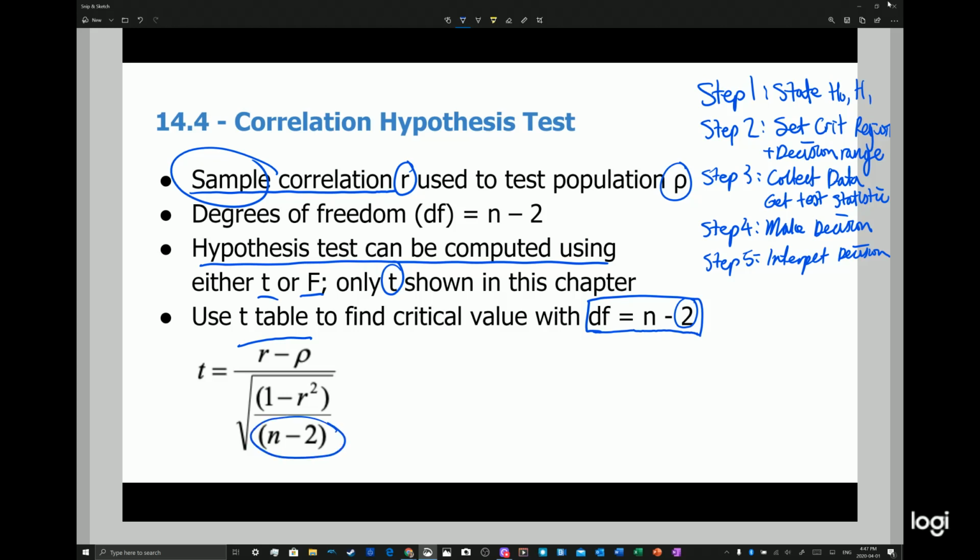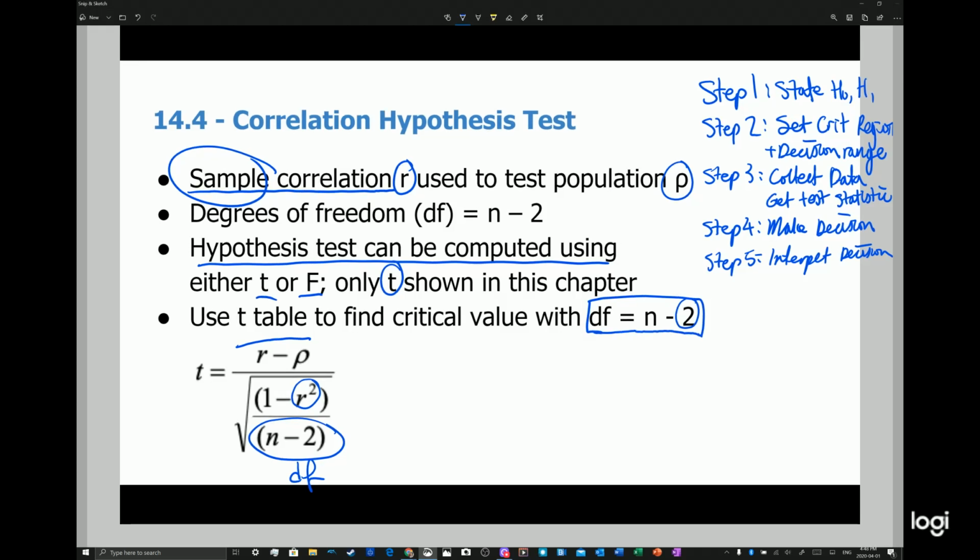This is your degrees of freedom. This is your 1 minus coefficient of determination. And you square root that to measure in quote-unquote standard deviations or standard error how far your sample correlation is away from your test population coefficient, which for the null hypothesis, assuming that is true, is 0. Okay?